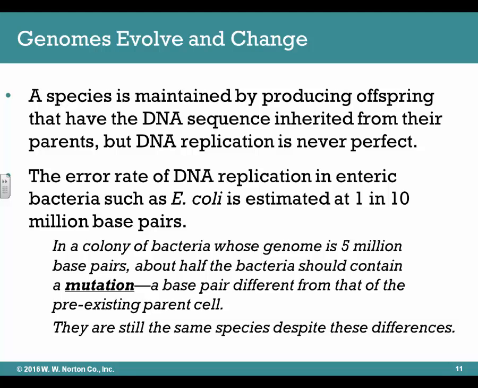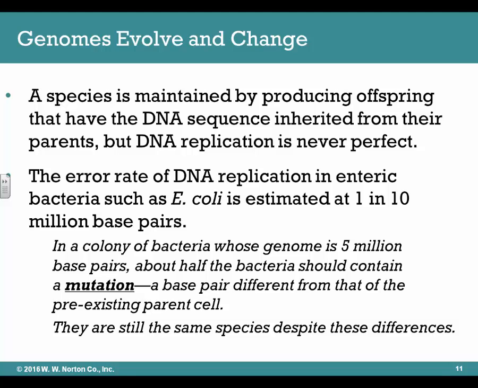So if we take an example of a colony of bacteria, remember E. coli have just under 5 million base pairs in their genome, about 4.6 million. But in a colony you have millions of bacteria that become visible to the naked eye because there are so many bacteria growing in that community.